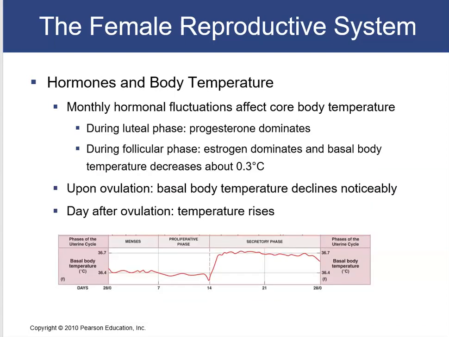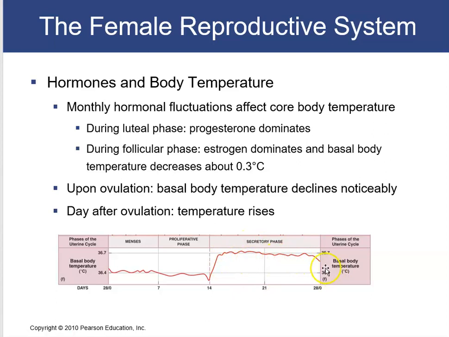Hormones also have an effect on body temperature. Monthly hormonal fluctuations will affect our core body temperature. Some women actually use this as a means of birth control, or timing when they can predict they would be the most fertile in their cycle.